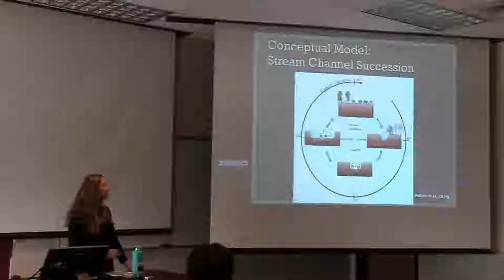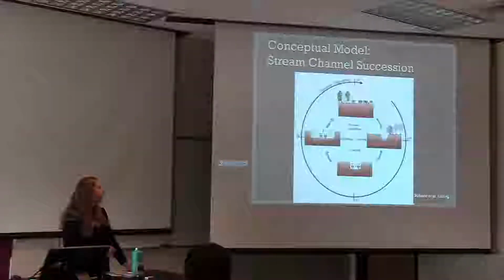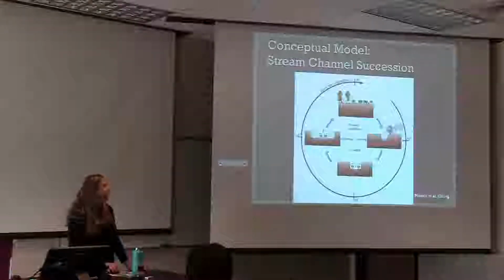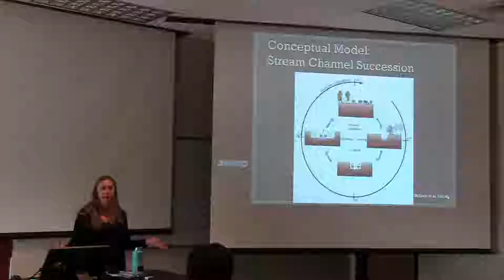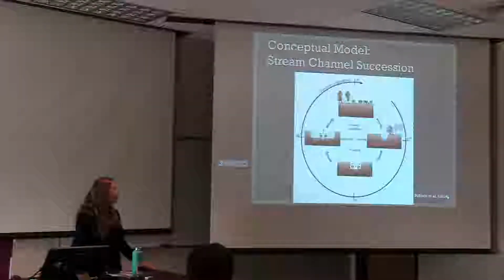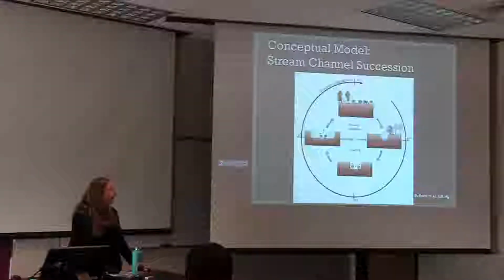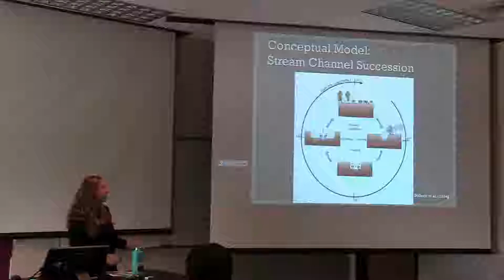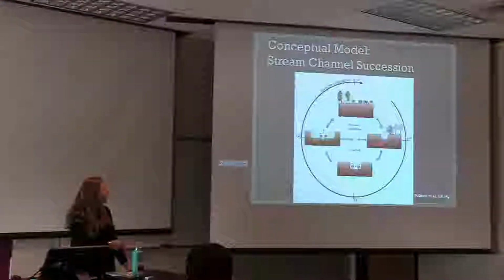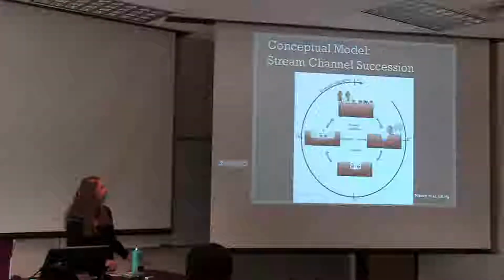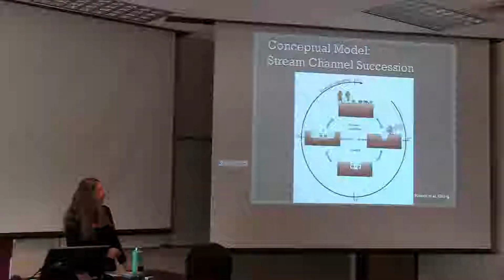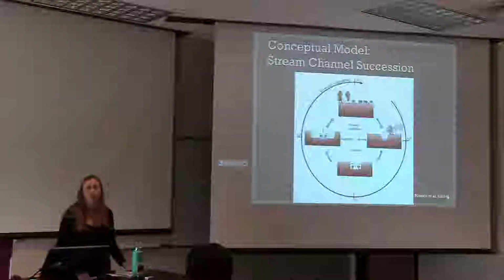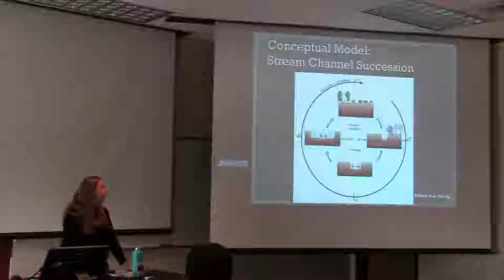You start here where your stream is in a healthy dynamic equilibrium, and then say you have some sort of erosional event and the channel becomes incised. You see the elevation of the water table has dropped, so the trees in the floodplain cannot access the water table, and they die off.